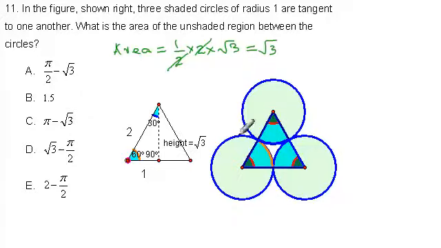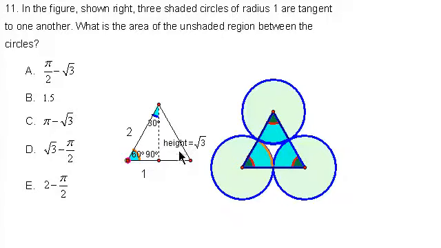I can see that if I put these three sectors next to each other, because they have a 60 degree angle, then they should form 180 degrees, which should be a semicircle. I'm going to visually demonstrate to you that yes, it makes a semicircle.